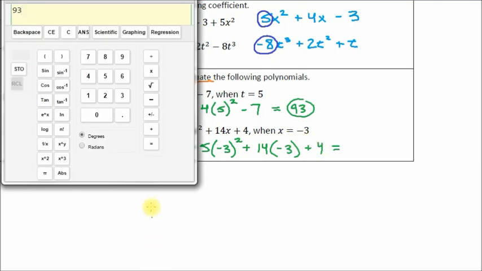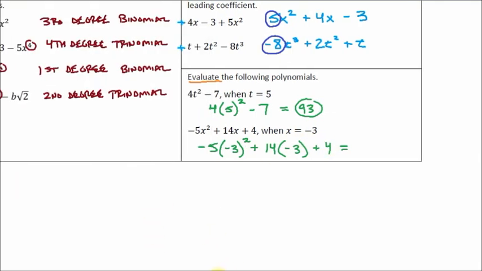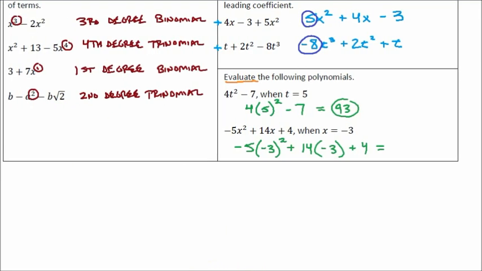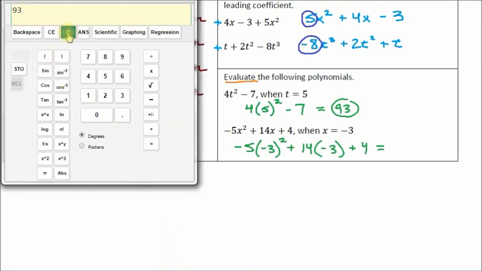Let's go ahead and plug this in. I'm going to scroll this over a little bit so we can see this a little bit better. And watch how I plug this in. Because it starts off with a minus sign, you've got to use the plus minus key. So minus 5, parenthesis, negative 3. Again, you're not subtracting. That's why you have to use the plus or minus key. We're just telling the calculator it's a negative number.